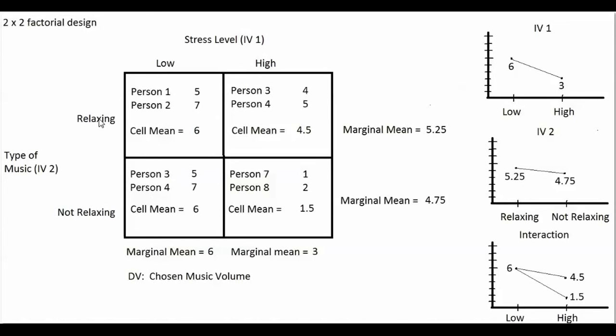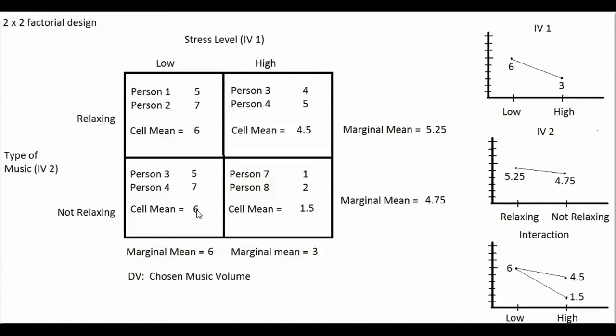And in the relaxing condition, I would expect participants who are highly stressed to also choose a lower volume, but I wouldn't expect the effect to be as large, because they're being told that the music is relaxing. So here I would expect a large drop from the low stress condition to the high stress condition.